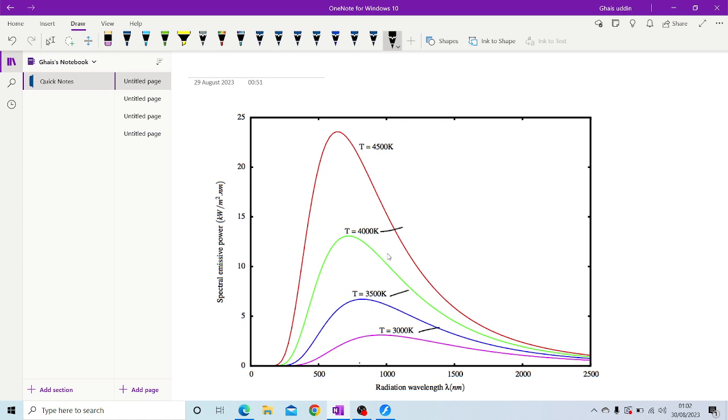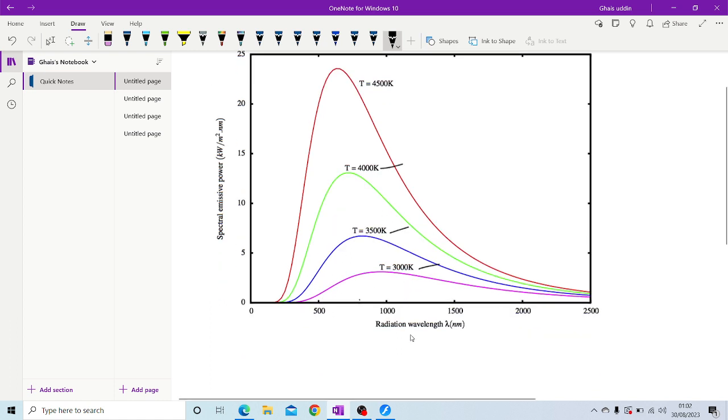In this case, we take the spectral emissive power against the wavelength. We can also take this against the frequency f, because, as I told you, frequency is equal to 1 over lambda.